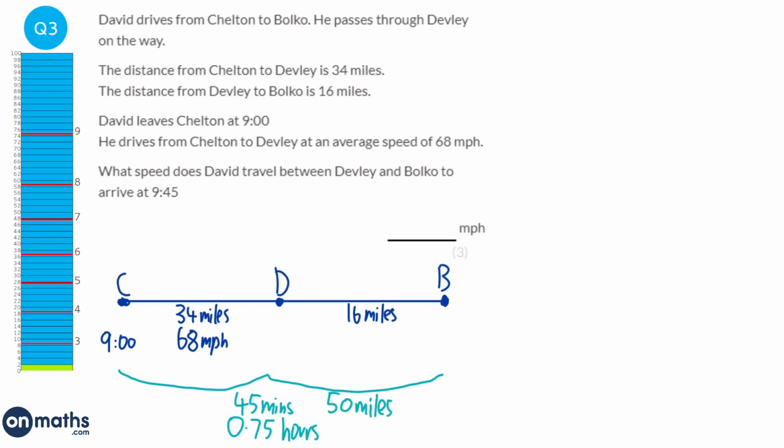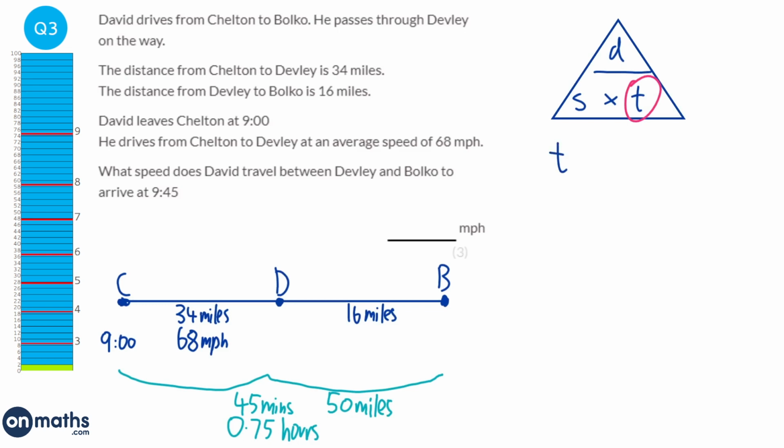Okay, now having a look at this, we need to find out what time David was at Devley. So we're going to use our speed, distance, time triangle. So speed equals distance over time, and we're covering up the time because that's the one we want.